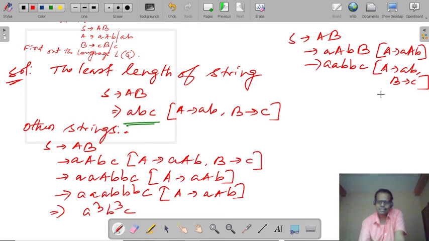These productions we are using here. So we are getting a square b square c.